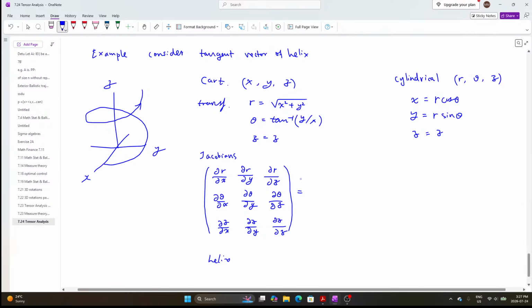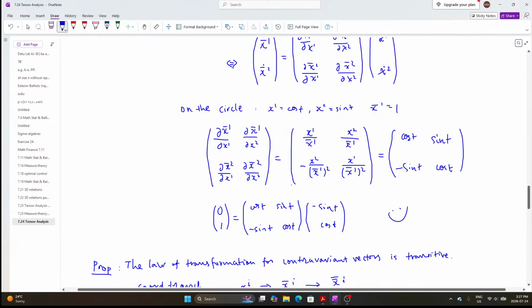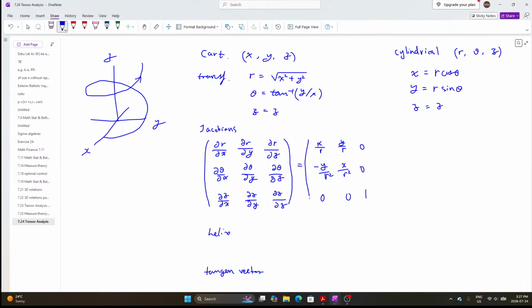You should get x over r, y over r, 0, and minus y over r squared, x over r squared, and 0. And finally, the last line is very easy: 0, 0, 1, boom.